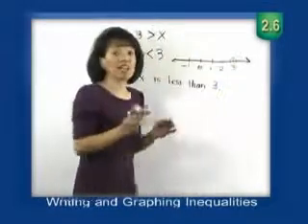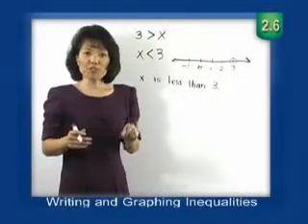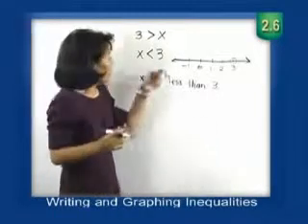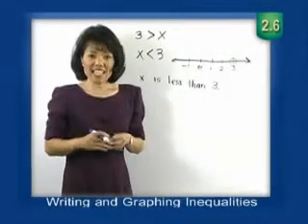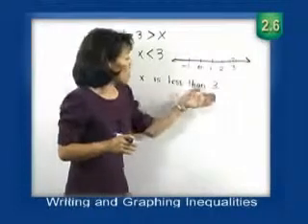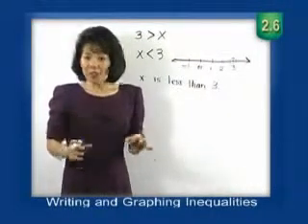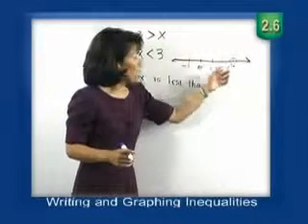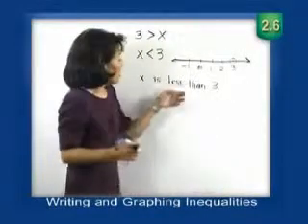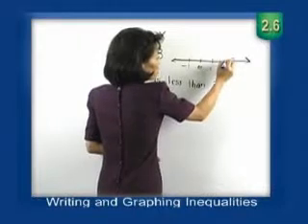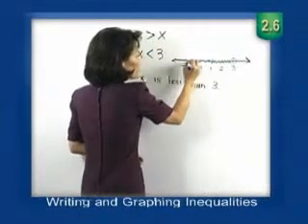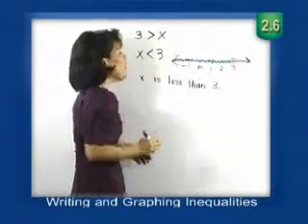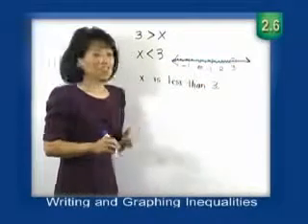We have to decide, do we want to color in that circle or leave it open? The sign is strictly less than, so we want the numbers less than 3 but not equal to 3. Because we don't want those numbers equal to 3, we leave that as an open circle. We want the numbers less than 3, so those are all the numbers to the left of 3. So we represent that by showing the graph to the left of 3.